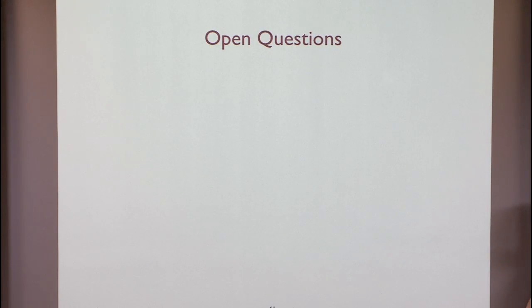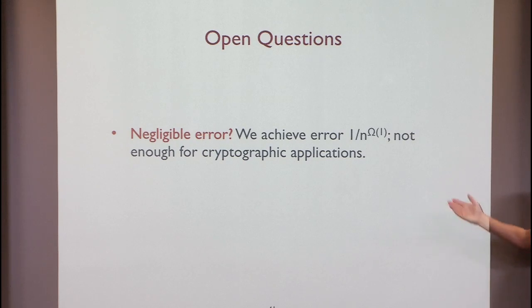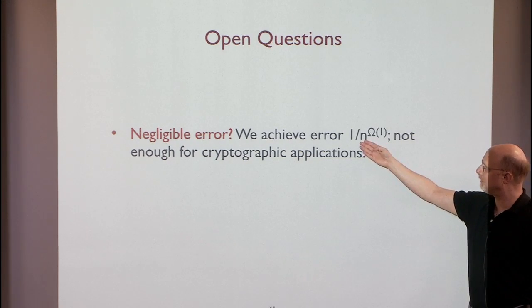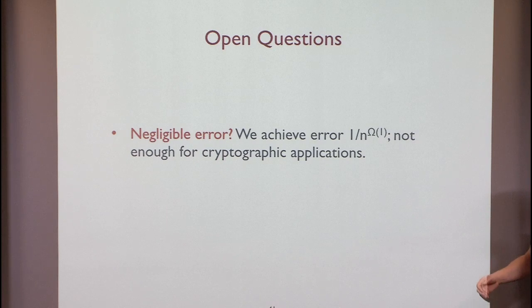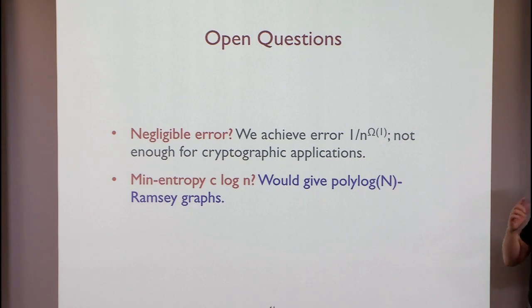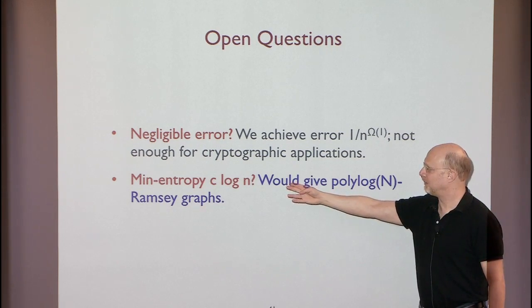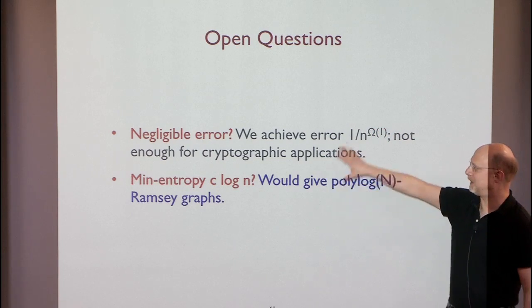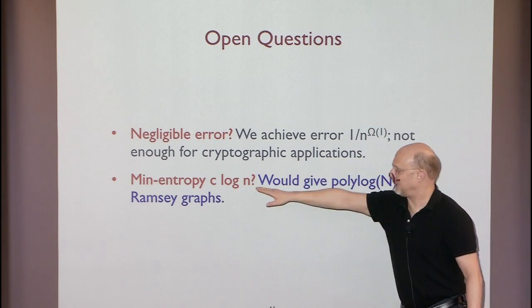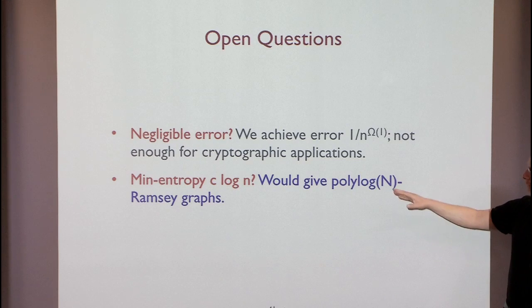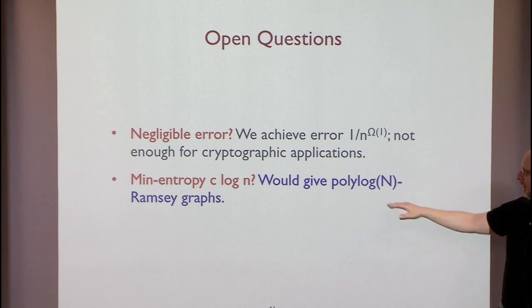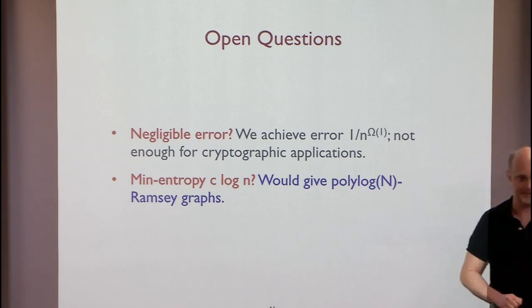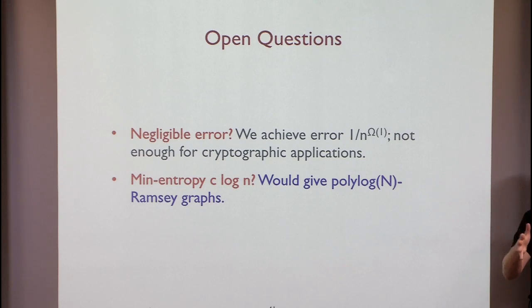So some open questions. Can we get to negligible error? We have polynomially small error, but for cryptographic applications, you may want negligible error. Well, actually, for negligible error, you're going to need bigger min entropy. But for min entropy just C log n, that would be very nice because it would give Ramsey graphs with poly log n by poly log n instead of the 2 to the poly log log n.